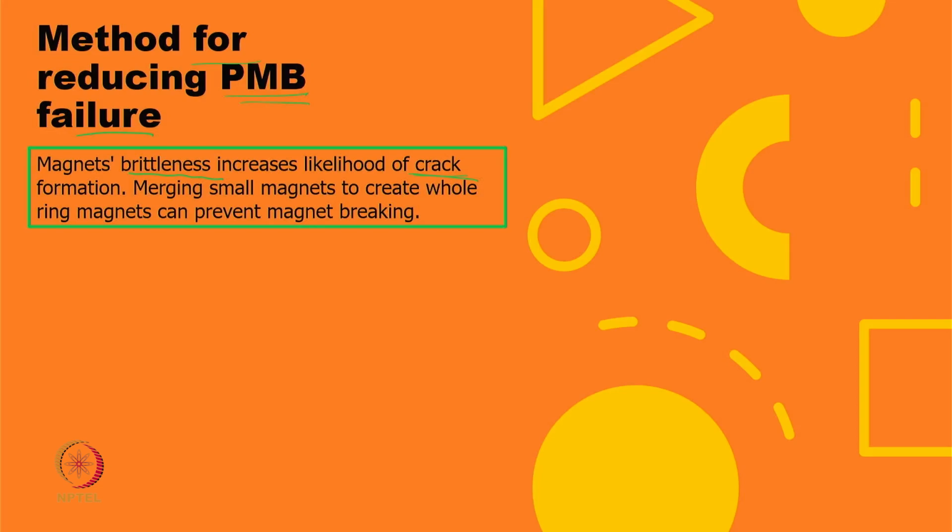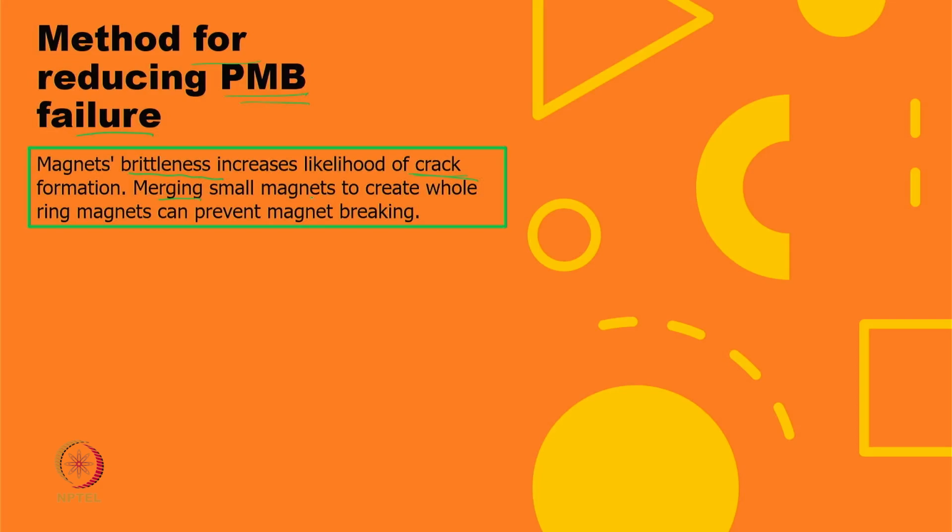If the grain structure is made of very fine particles, fine grain boundaries will give better results, and it will avoid the progress of the crack. That is what has been utilized in this case.